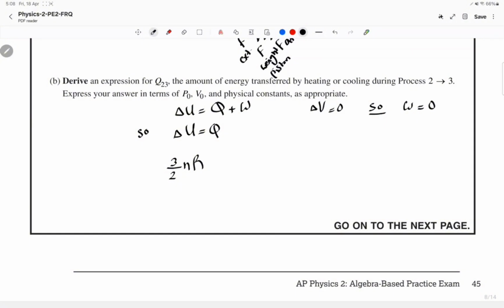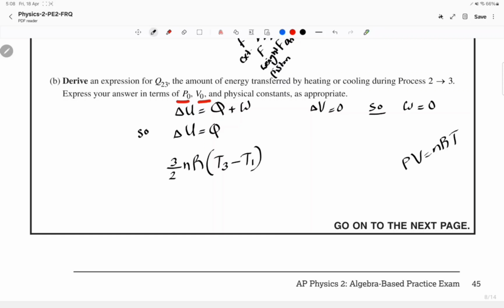Okay. So delta T means T in state 3 minus T in state 2. But the problem is that the question said make your answers in terms of P0 and V0. So we're going to say that PV is equal to nRT.